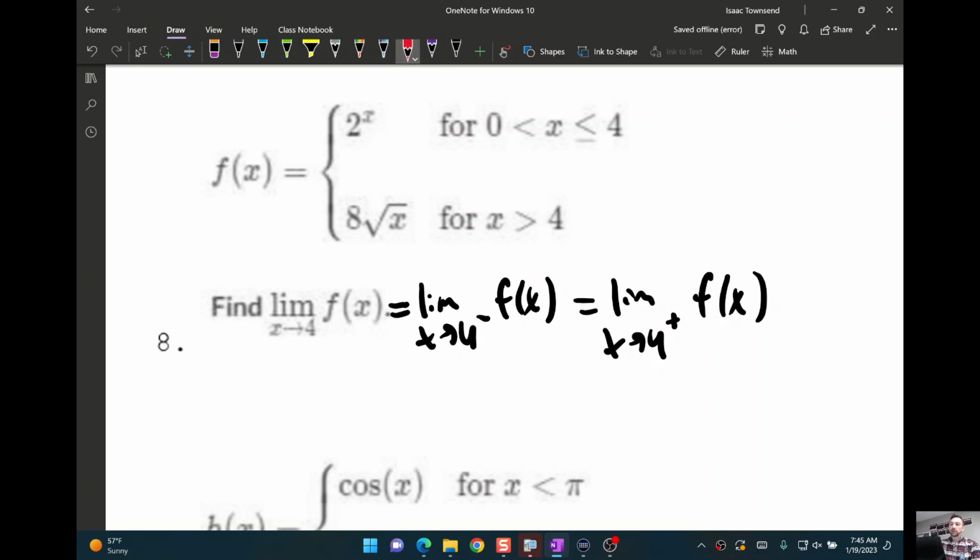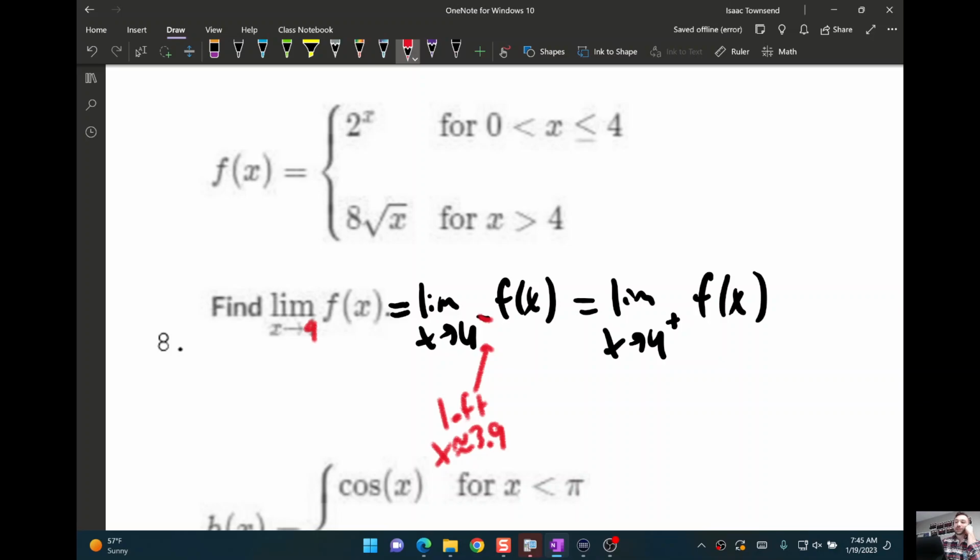So if I'm trying to find as x approaches 4 from the left, this is when x is slightly smaller than 4. So you can think of it as like 3.9. Well, in a piecewise function, we've got 2 different functions. Sometimes it's this function when x is in these values, and other times it's this function when x's are in these values.